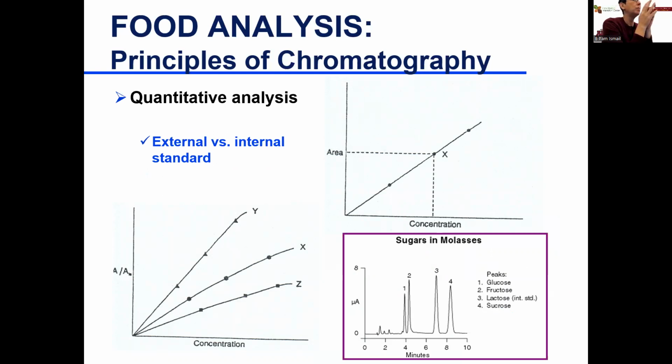Can anybody tell me when external standards are used? Let's see what you know. When do we use external standards? Kevin, go for it. In our GC lab, we use an external standard from a company that would give us known fatty acids to give us a specific retention time.